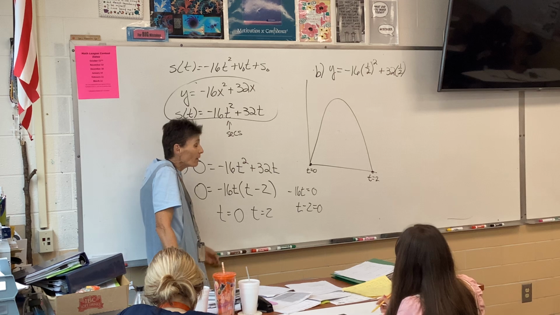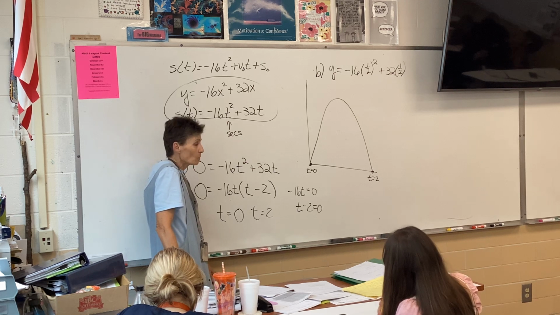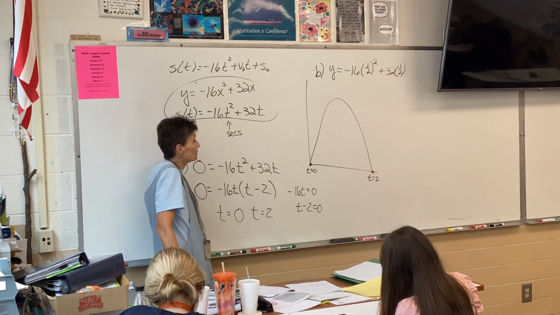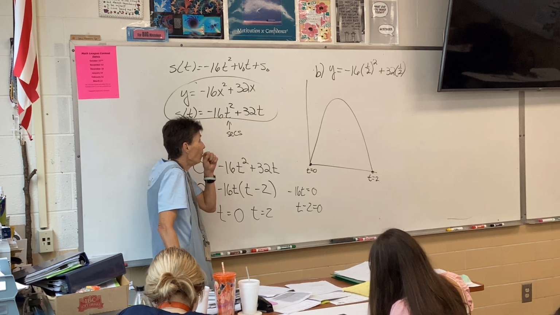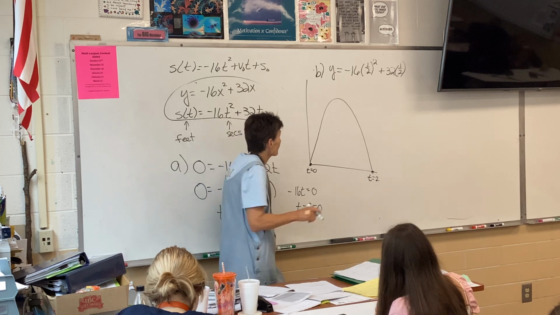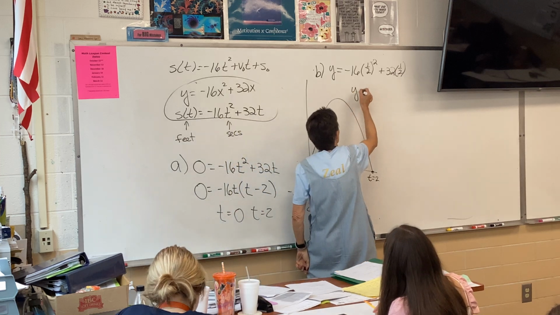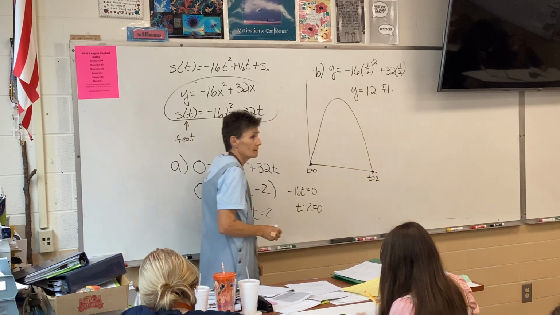Maybe using 0.5 would be easier, I don't know. So go ahead and do the math and tell me what you come up with. How high will the ball be after 1/2 second? Yep, 12 feet, that's exactly right.